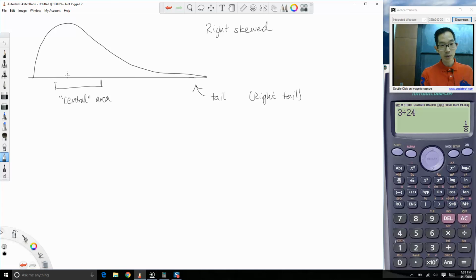Let's just say this is, quote, the middle, and we'll talk about exact measures of middle on Monday. What this means is that we have some people who are very much above the middle, okay? So out here, if we have someone right here, this is a person who is very much higher than middle, okay?